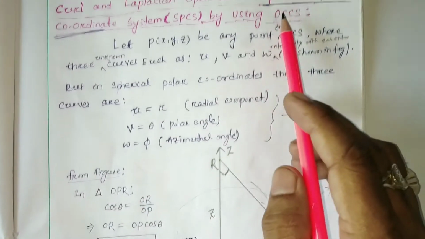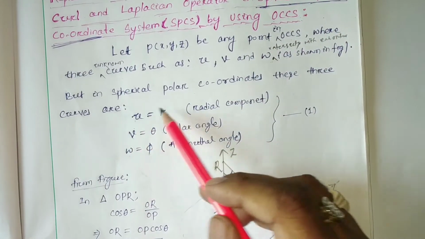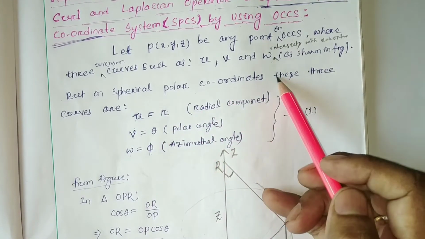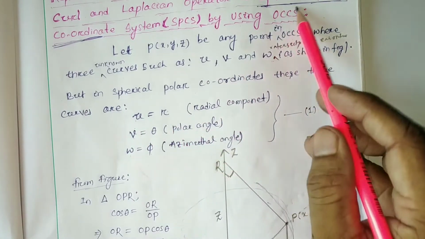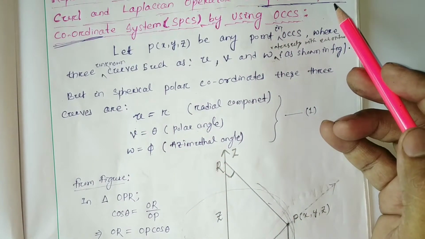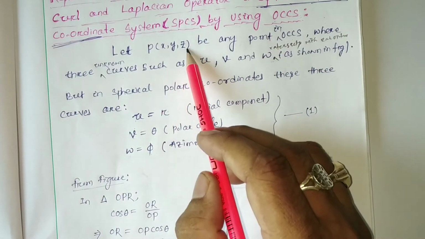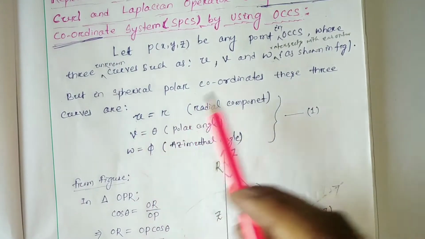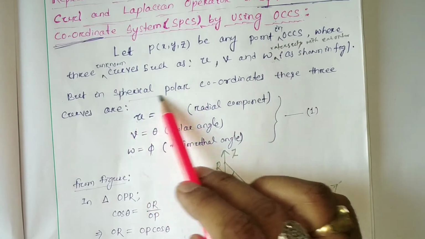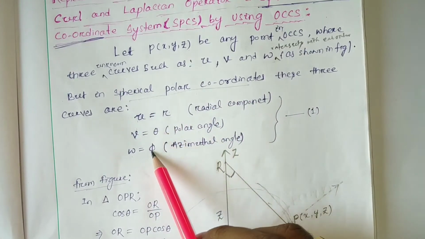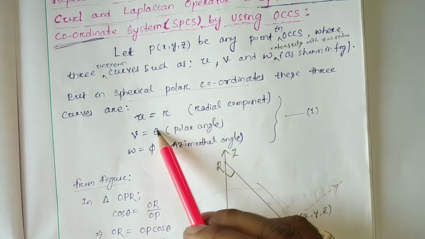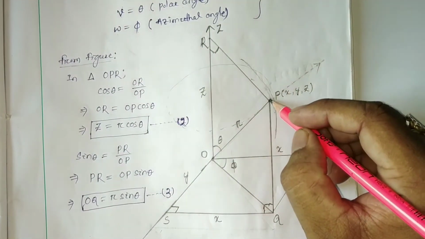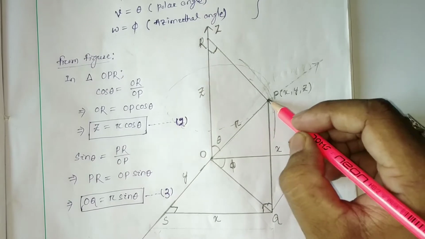So in OCCS, u, v, w convert to r, theta, phi in spherical polar coordinates. Here three curves in OCCS intersect with each other and we find the point P, and the corresponding surfaces in spherical polar coordinates are r, theta, and phi.